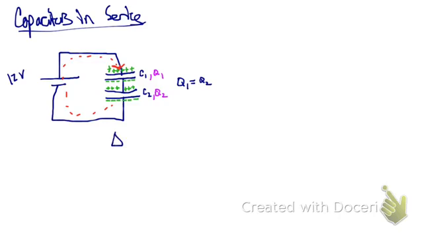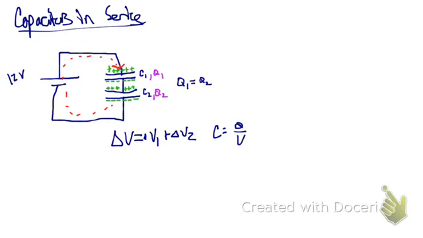So our delta V, as we go across the capacitors, is going to be delta V1 plus delta V2, our potential drop in the first one plus the potential drop in the second one. But we know that C, our capacitance, is our charge over our voltage.